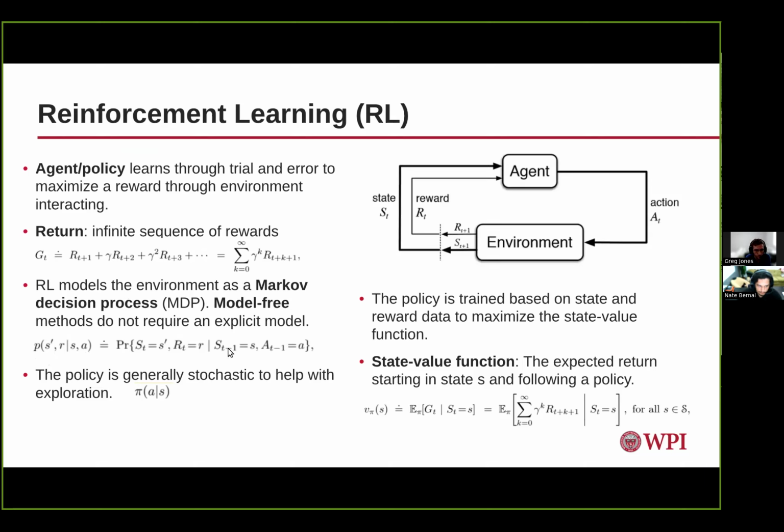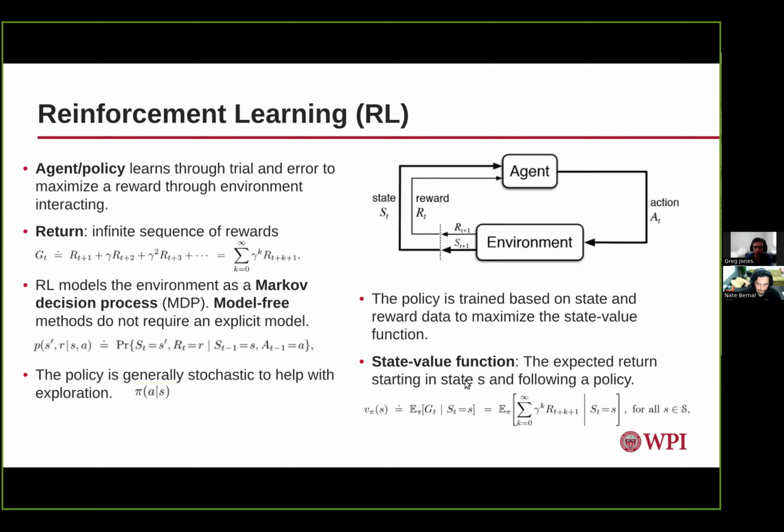The policy itself generally can be stochastic, which helps with exploration and learning the different states and possible rewards. The policy tries to maximize what's called the state value function, and that's defined below here.